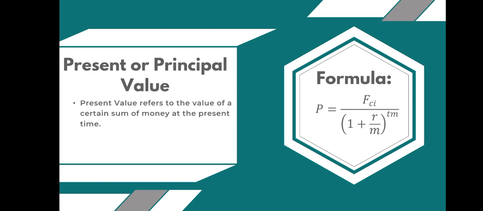Or also, ito yung maaari natin gamitin na formula, P is equal to the compound amount F over (1 plus R over M) raised to T times M, where M is the conversion period, yung annually, semi-annually, quarterly, or monthly, and T naman is yung time.